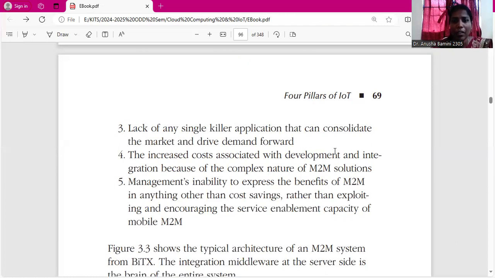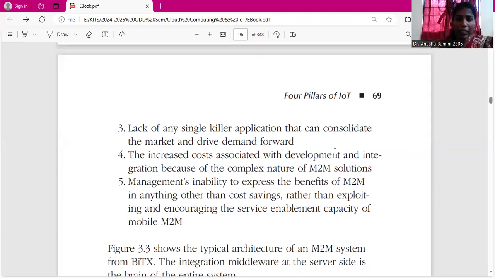That may be a barrier of M2M. Then the fourth barrier is increased cost. Some IoT devices, machine to machine devices, took a high cost. Then the fifth barrier is management inability to express the benefits of M2M.